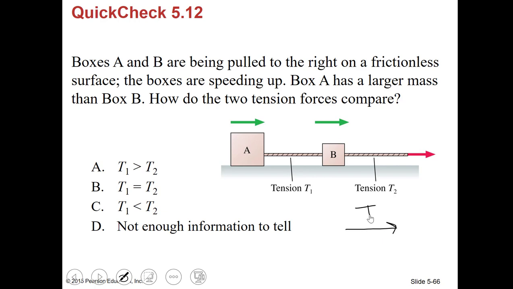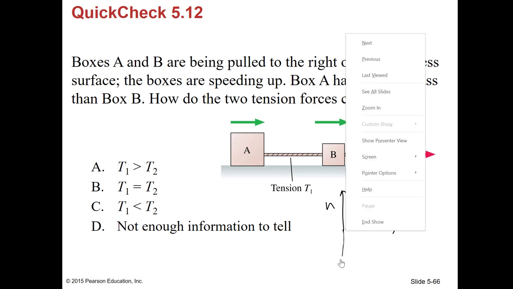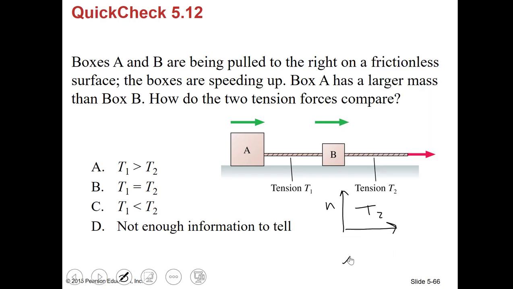So here we have tension 2, normal force. This is again the free body diagram for B. The weight of B, and then we got T1 back this way. Now they tell us it's speeding up, right? There's got to be an acceleration this way because they tell us it's speeding up.